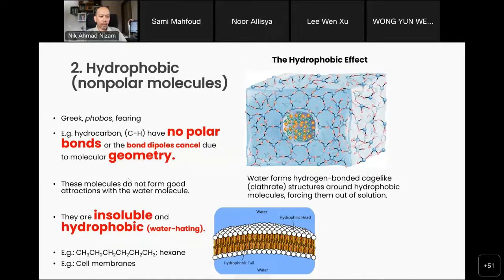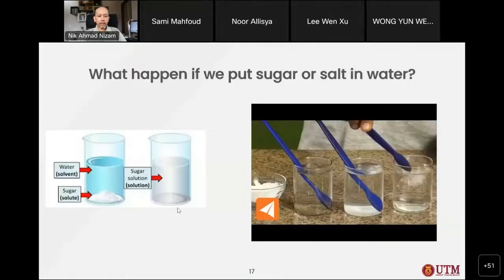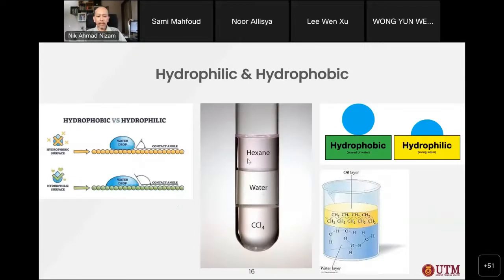Because of this, the hydrocarbon is not soluble in water, and it is considered hydrophobic. For example, like hexane. Here is the hexane. Although it is in the form of a solution, it will not have interaction with water. It will not dissolve in water.